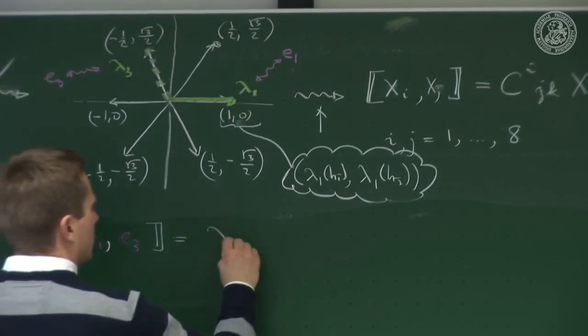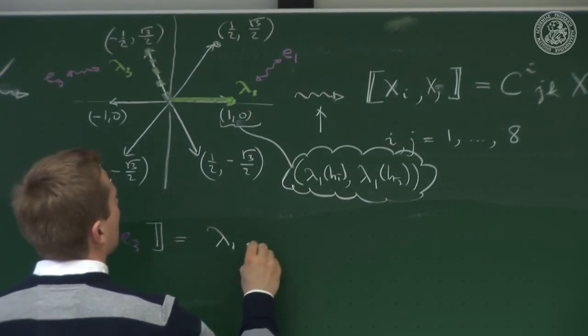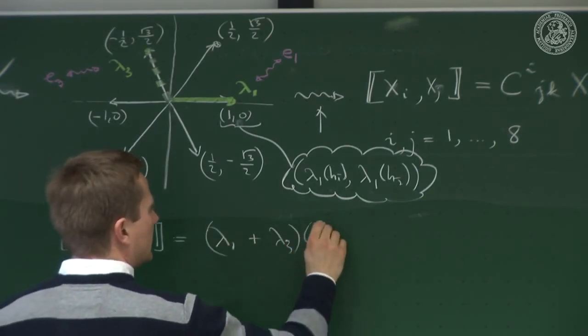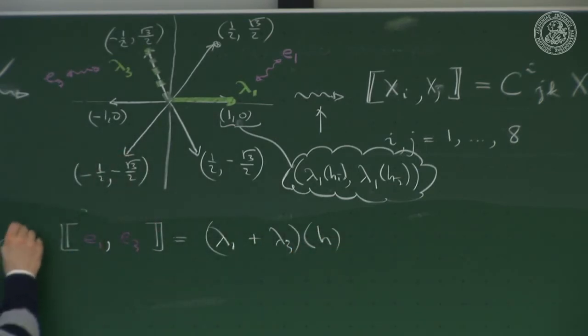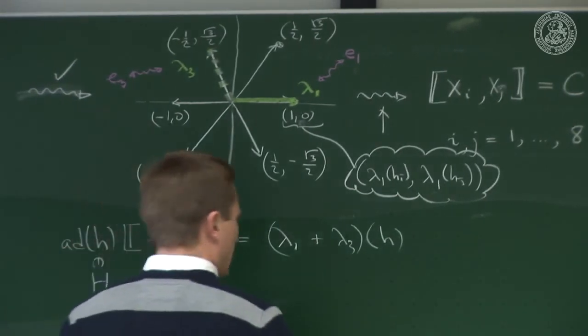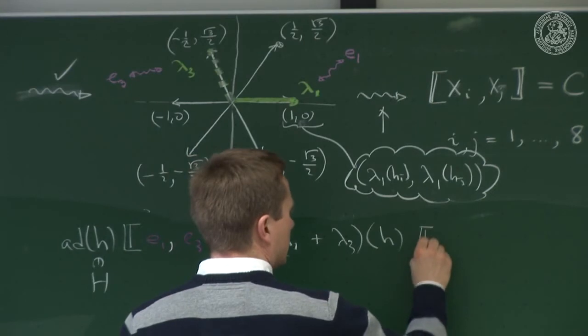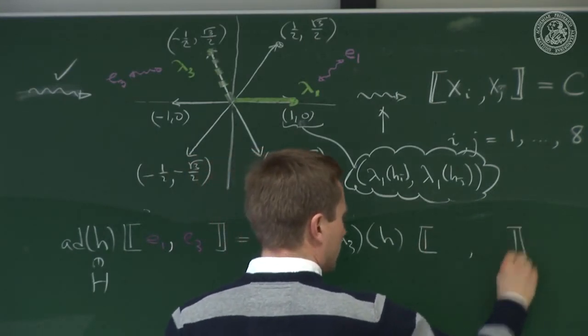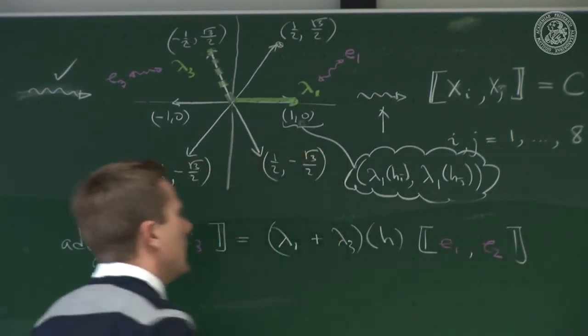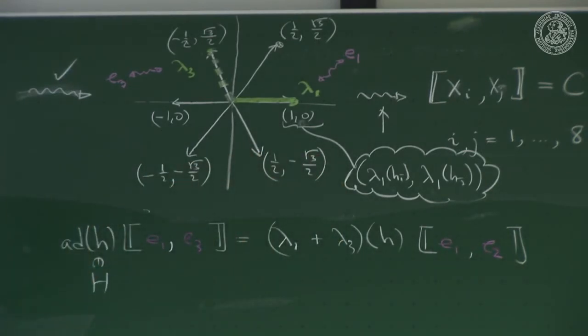So this is lambda 1 plus lambda 3 applied to some h, if I act on here with some h from capital H, and then I get exactly this guy back, E1, E2.